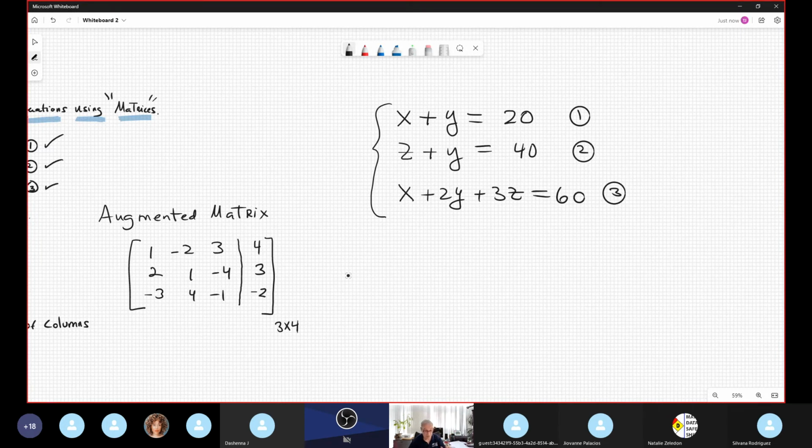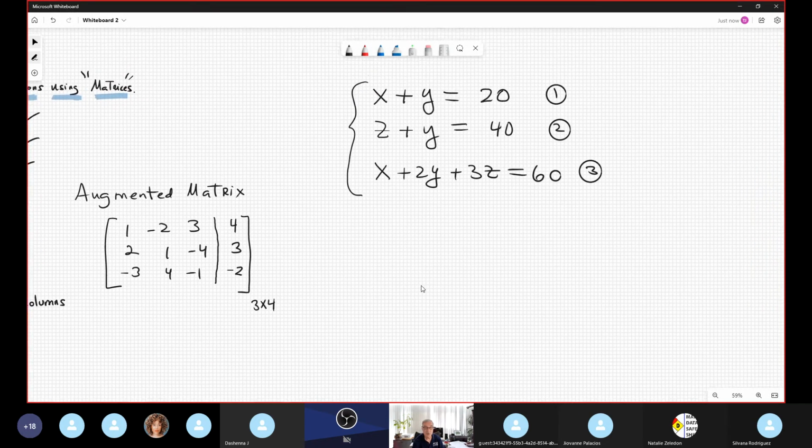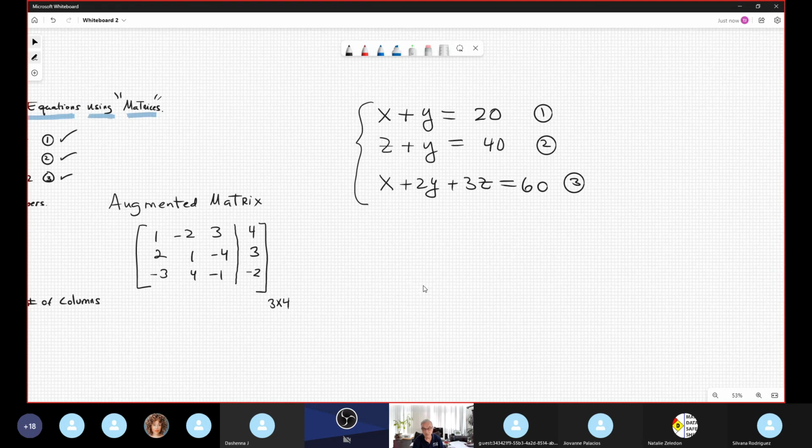Okay, let me try to do my best. We have 3 equations, so I suppose that my matrix has 3 rows. I don't know exactly how many columns, but the columns depend on the variables: column of the x, column of the y, column of the z, because we have 3 variables, no? X, y, z. So this system is 3 equations and 3 unknowns, the classic.